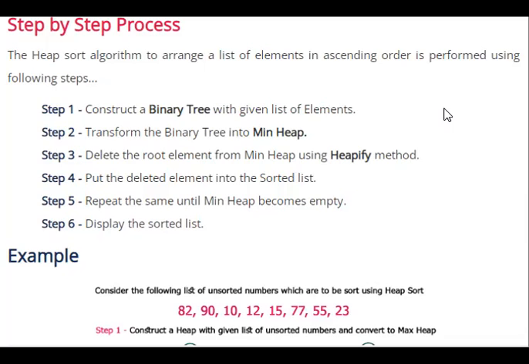The same thing: in the first step, construct the binary tree with a given list of elements, and in the second step, transform the binary tree into a maximum heap and delete the root element from the maximum heap using the heapify method and put the deleted item into the sorted list. We repeat the same thing until the maximum heap becomes empty and display the sorted list. So these are the two ways we can sort the elements using heap sort.